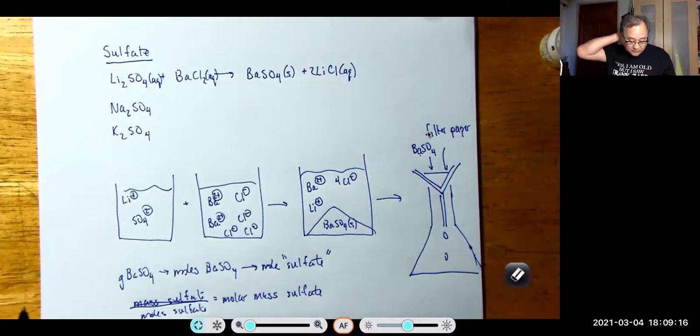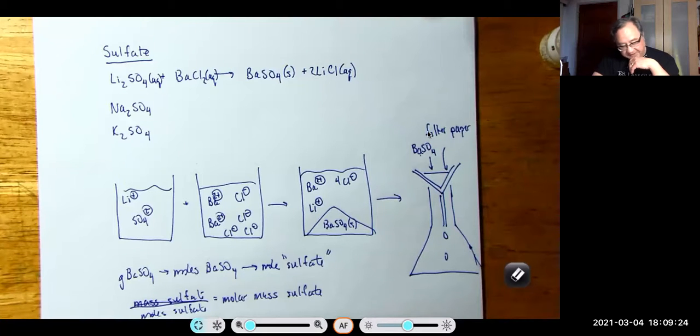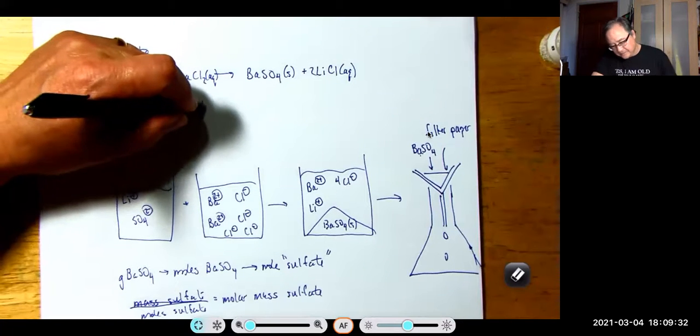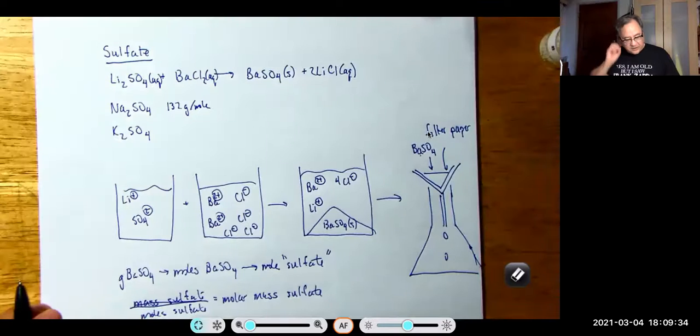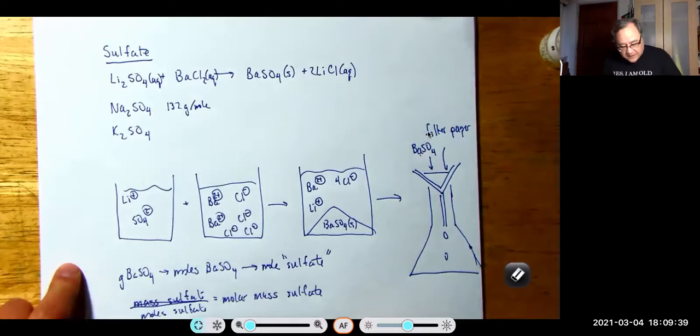So sodium sulfate is, let me think about this. Sodium sulfate is, what's 46 plus 96? 132? So sodium sulfate is like 132 grams per mole.